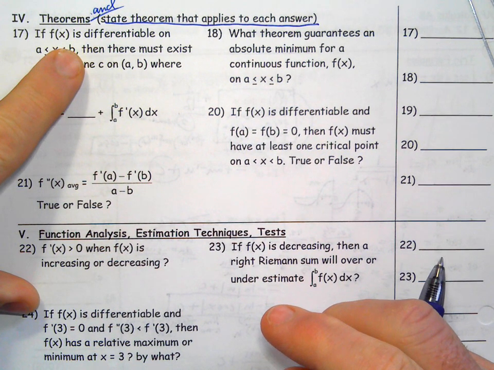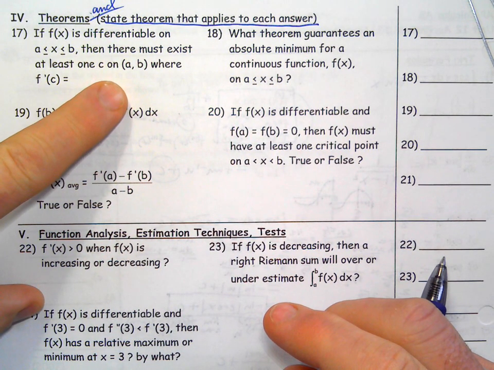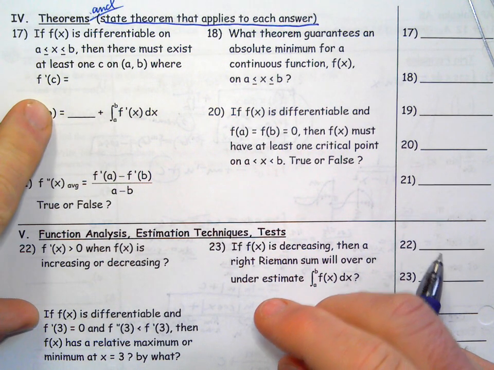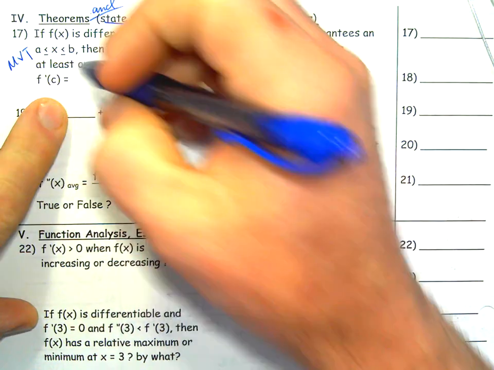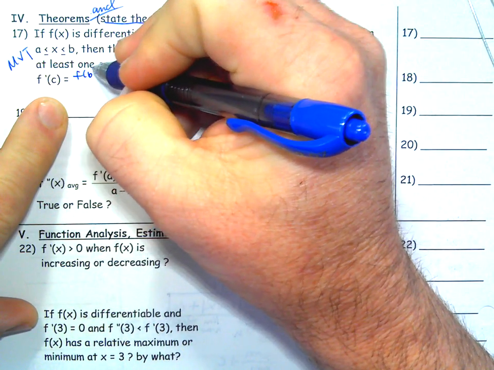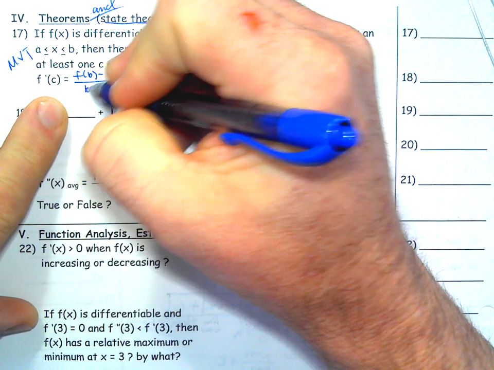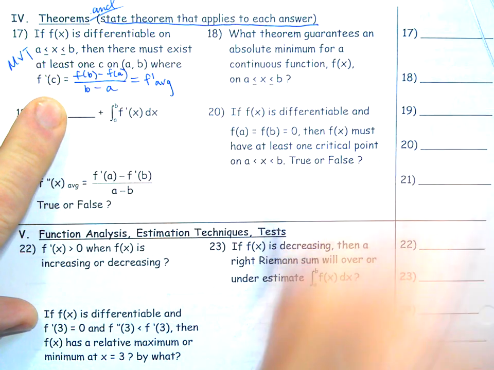If f of x is differentiable on a to b, then there must be at least one c on a to b where f prime equals, this is mean value theorem, and we're obviously talking about derivatives, so it's going to be f of b minus f of a over b minus a. This is f prime average, right?